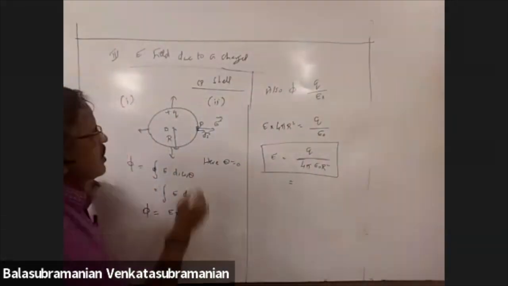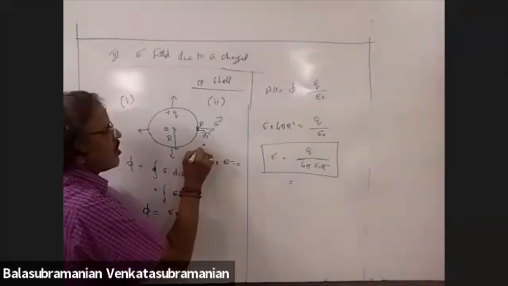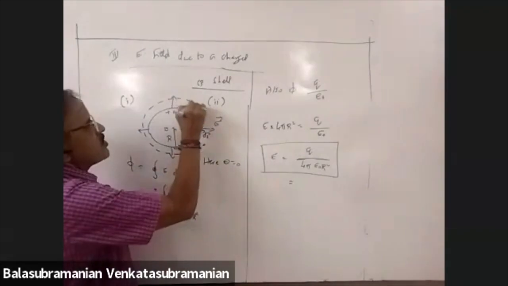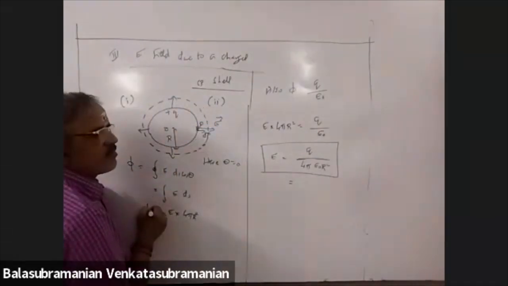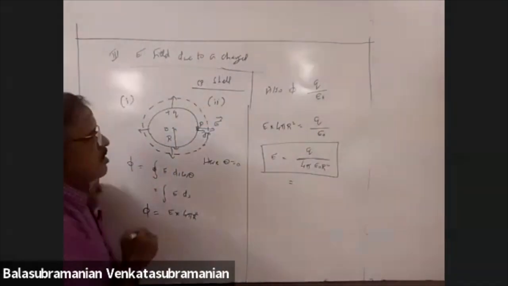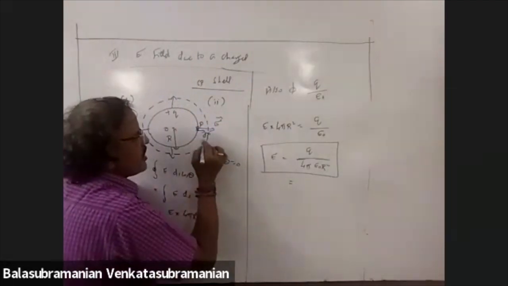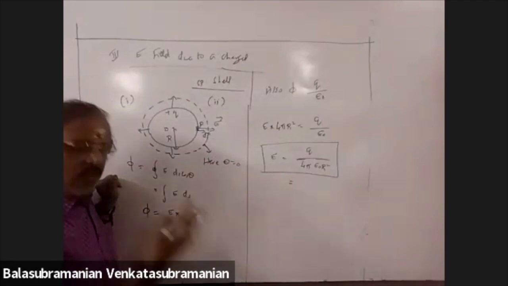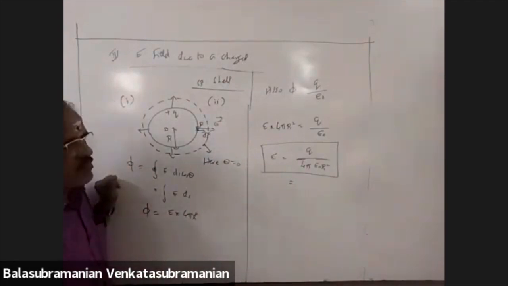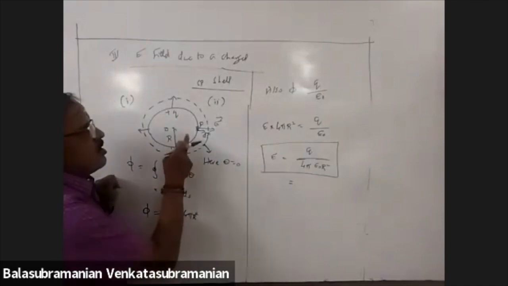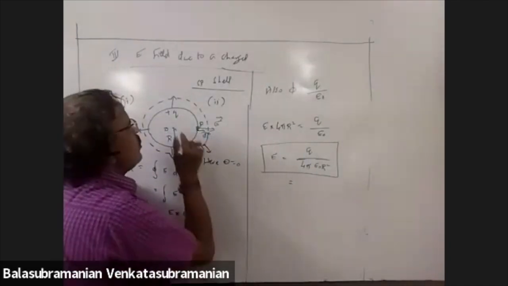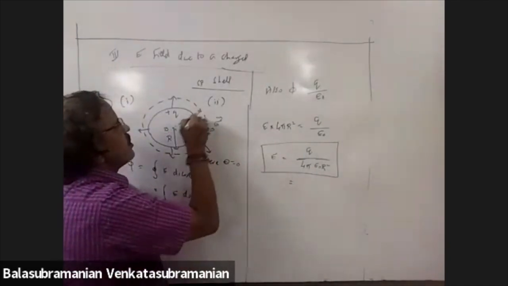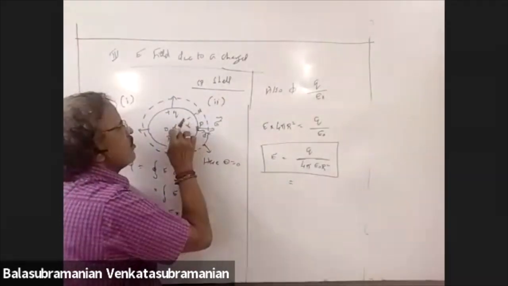Now consider one point outside. Draw a Gaussian surface. Here also the same concept, E and dS in the same direction, theta is equal to 0. Outside means only one change, that is small r.